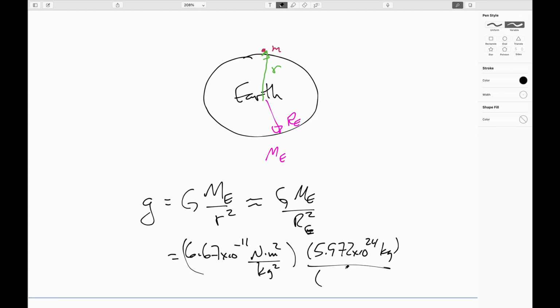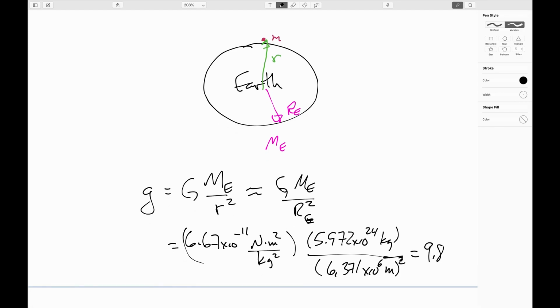And the radius of the Earth is 6.371 times 10 to the 6 meters, and we'll need to square that. If you crunch that all through, what are you going to get? You get 9.8, but 9.8 what?